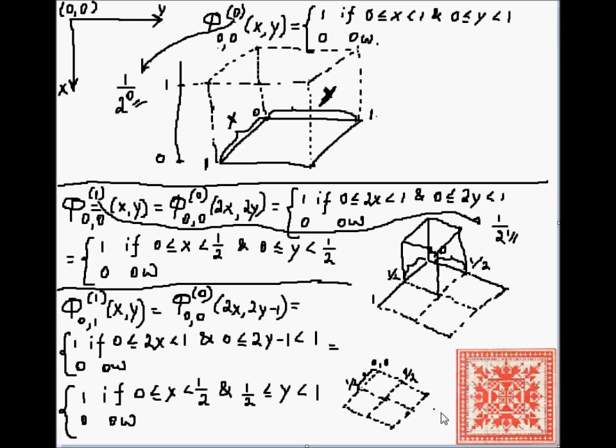This is half on the x side, and this is half on the y side. All right, so this will be our cube in 3D representing this function.